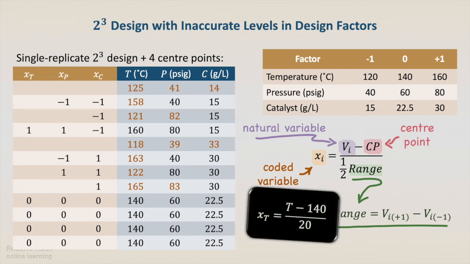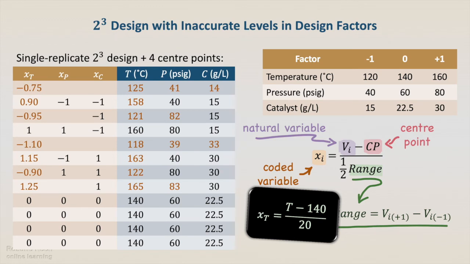For temperature, for instance, we have x_T equal to (T - 140) divided by 20. That is half the difference between the high level, 160, and the low level, 120. Using this relationship, we can calculate the new levels of x_T.